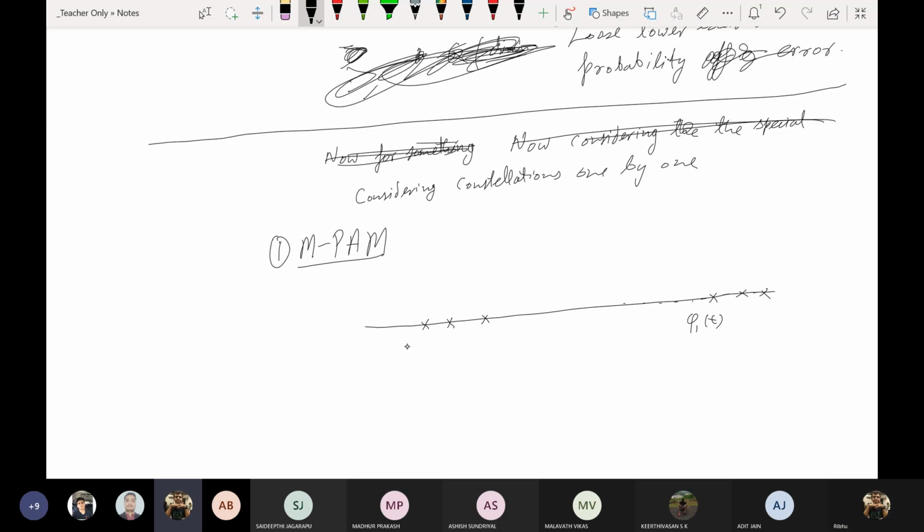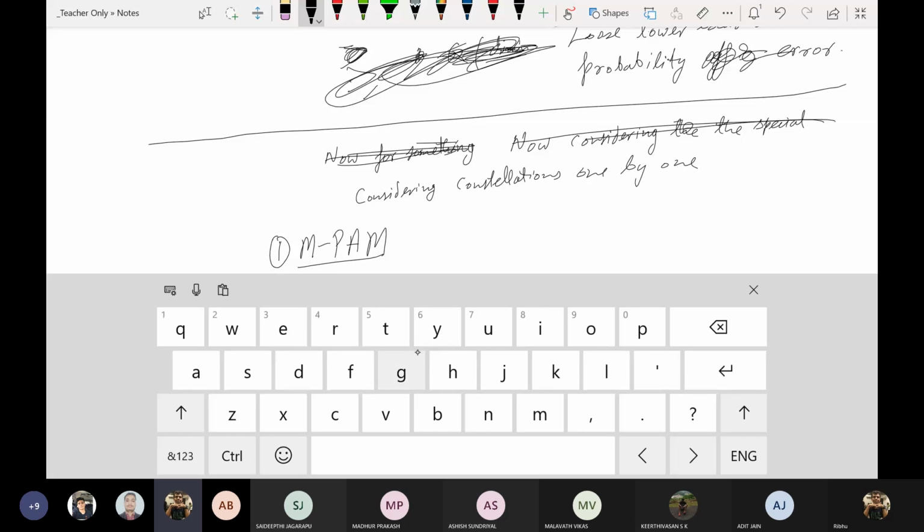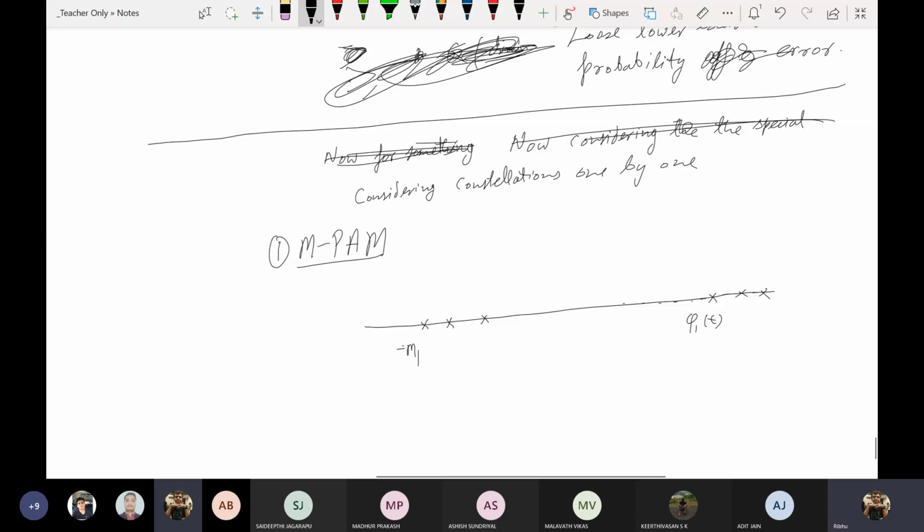Say this is minus 2. Zero is not a point.